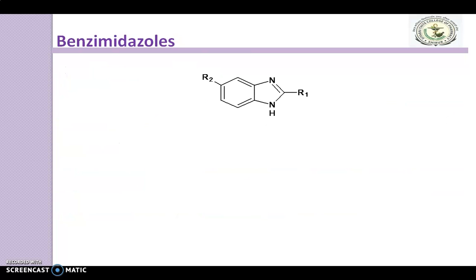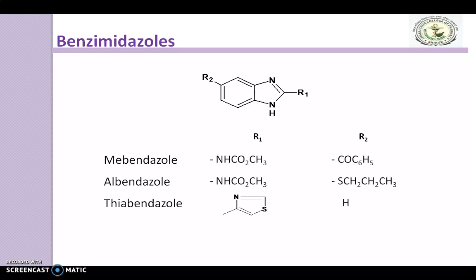Here is the structure of benzimidazole. Here is the benzimidazole ring, and we make substitutions at the second position and the fifth position, and we get different compounds. If there is a carbamate at the second position and a benzoyl group at the fifth position, then the compound formed is mebendazole.